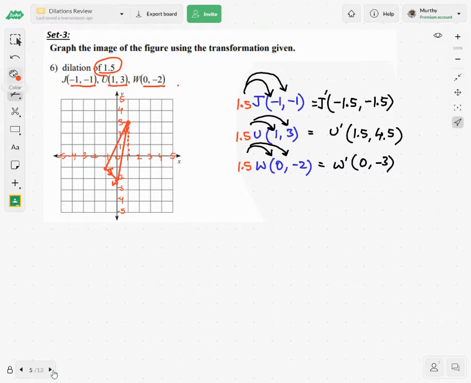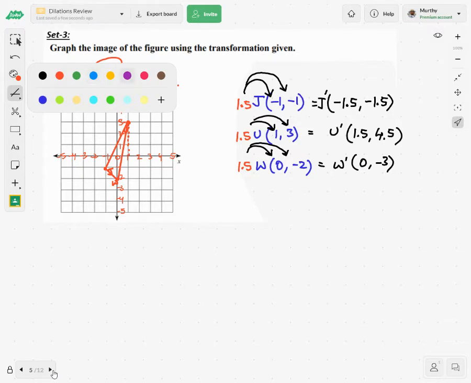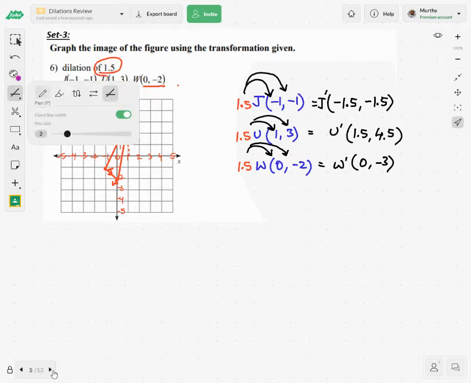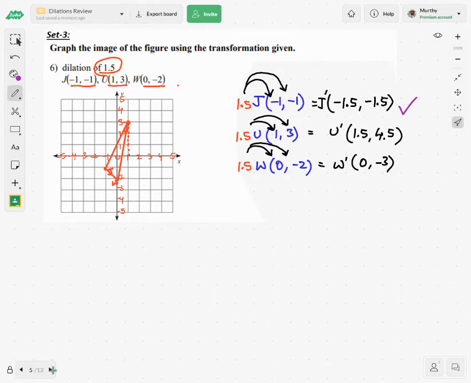Next, we dilated this one. Those points are, you can see that J prime is negative 1.5, so that falls somewhere between negative 1 and negative 2. Likewise, on the y-axis between negative 1 and negative 2, these two are meeting. So approximately it forms here, it's J prime. Then U prime is 1.5, between 1 and 2, and the value of y is 4.5, so between 4 and 5.